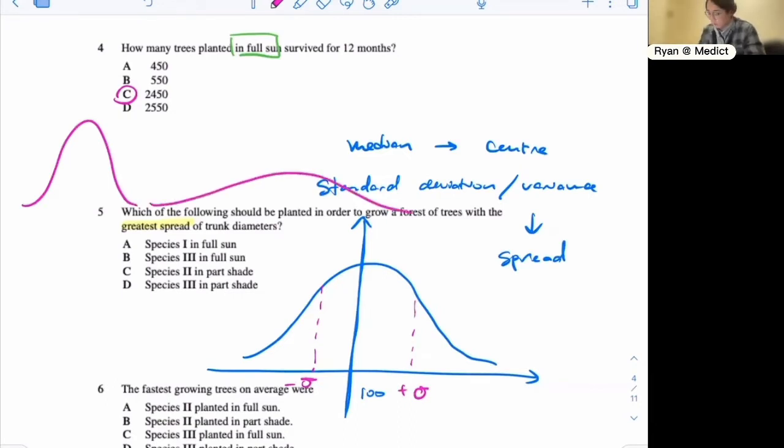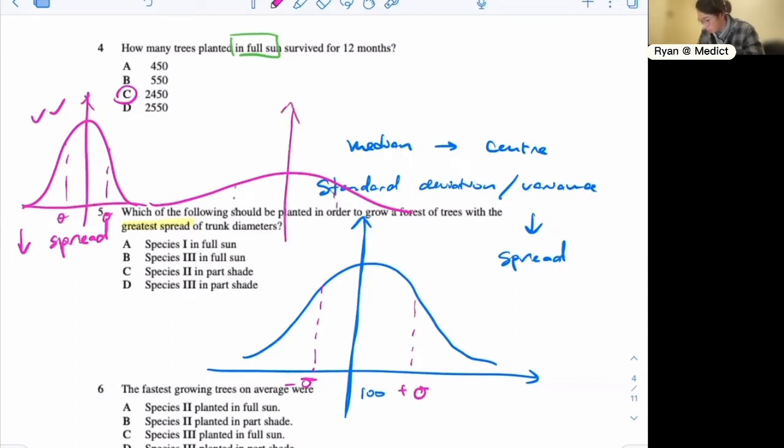Just by looking at them visually, the first curve has a smaller spread, because from its mean, the standard deviation is a lot less than this curve over here, which is probably like this, right? You don't need to worry about how standard deviation is calculated. It's never going to be examined on the ISAT, but it's just something to keep in mind about what spread is. What is the measure for center? What is the measure for spread?